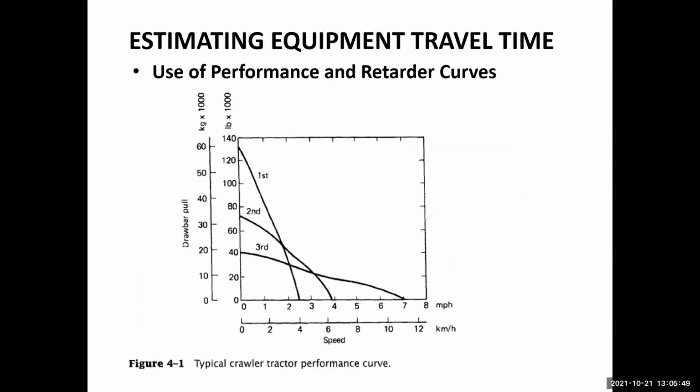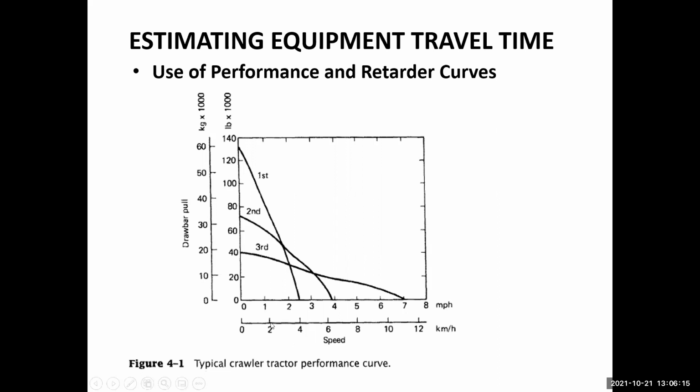Again, we need to estimate the equipment travel time. For this, we can use the performance and retarder curves over here. This type of curve can be used for some machinery. It's a typical crawler tractor performance curve. For a crawler tractor, usually the speed is much less.